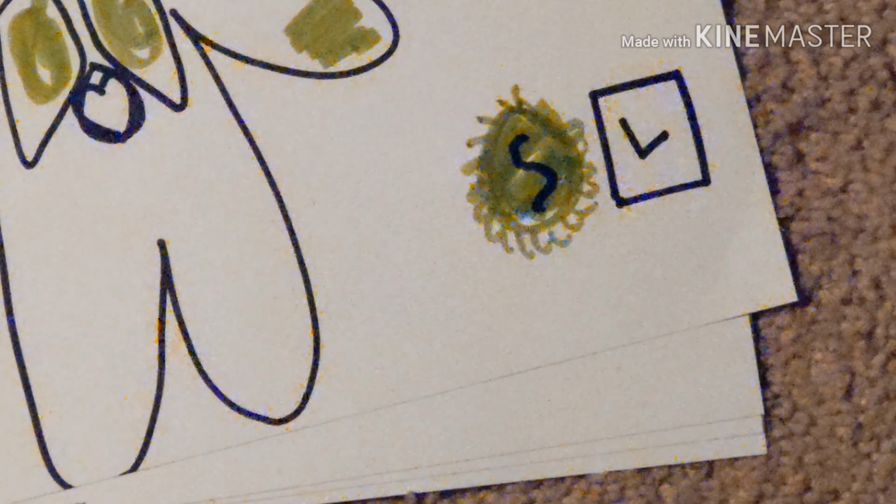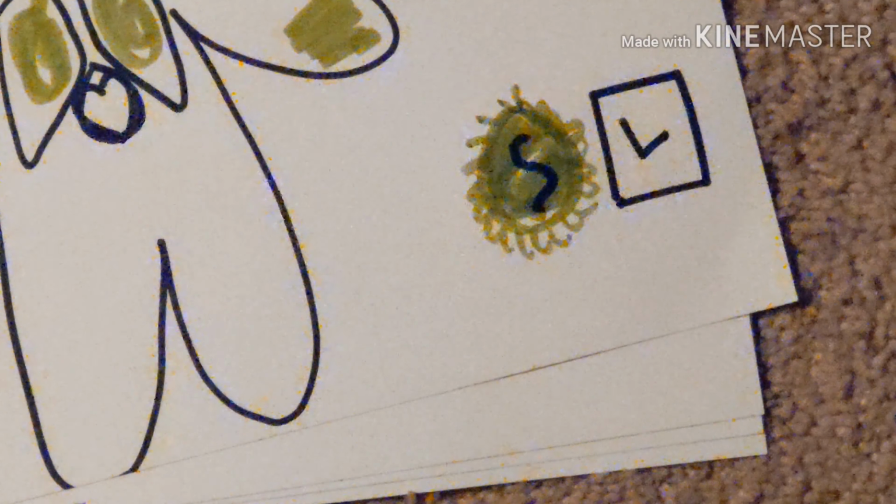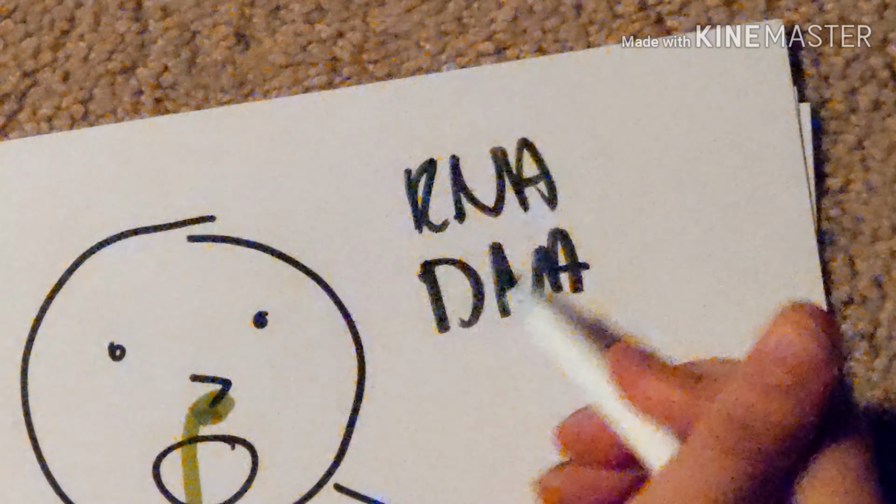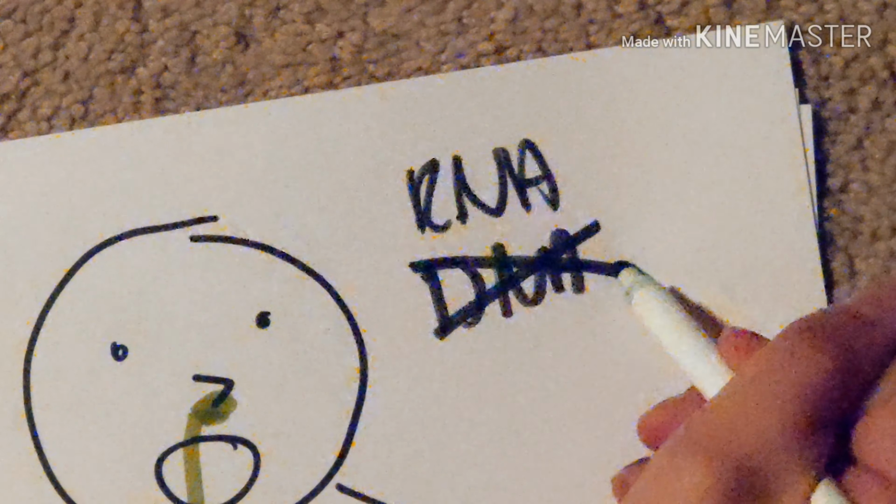Inside a virus, there's a little strand of something called RNA, which is similar to what we have in our bodies, DNA, but it's also not the same thing.